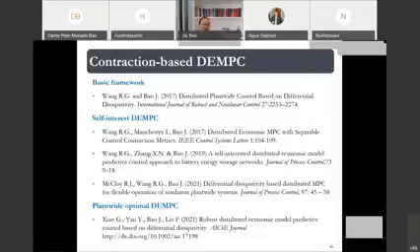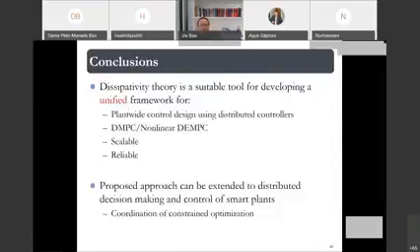We negotiate the dissipativity so that we can reduce the level of iterative optimization as much as possible. I think I already talked too much, so I skipped the example.